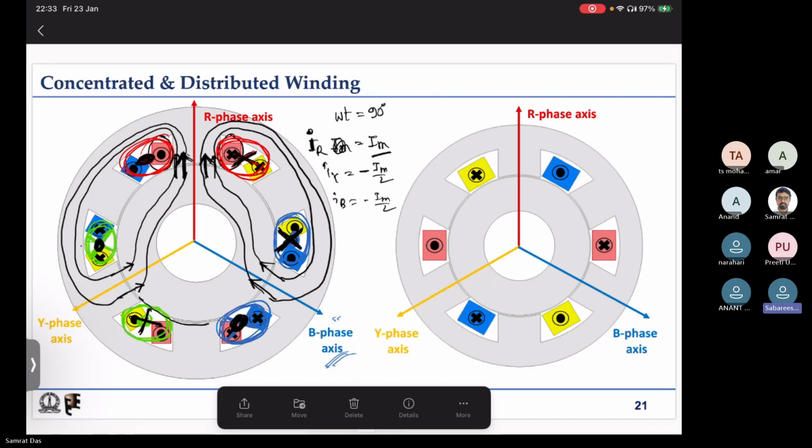Because the flux density over a long time seems to be zero. But the flux density will keep on rotating, keep on changing its sign. So suppose hypothetically you put some conductor, then it will be clear why induced EMF is coming in the rotor.